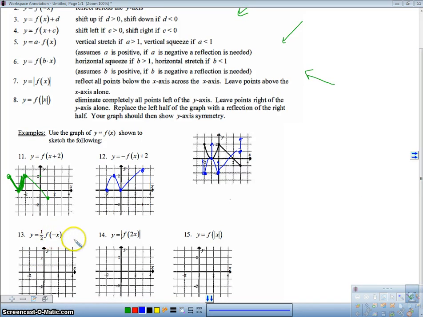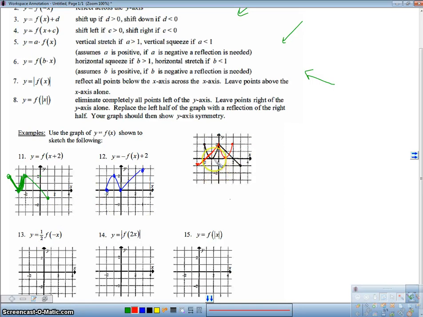1/2 f of negative x. So the f of negative x is going to flip it over the y-axis. Oh, let's use a different color here. Flip over the y-axis. So instead of this one being here, it's going to be over here. It's going to look like this. So it's a reflection about the y-axis, and then I'm going to shrink it by half.